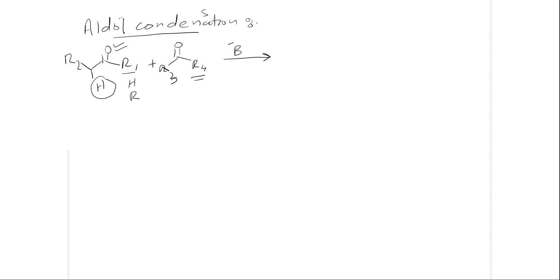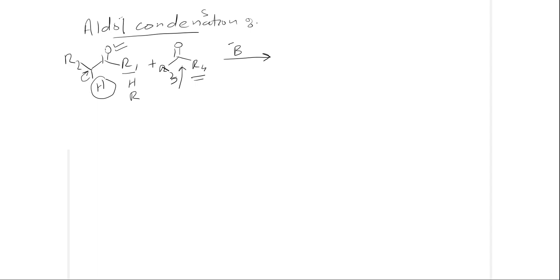So we generally say here that R1 and R2 can be any type of group. In the first step, the base will abstract this acidic proton or alpha hydrogen atom. As a result, a negative charge appears on the carbon, as the bonding electrons shifted onto the carbon atom. As a result, it will attack this carbonyl carbon.